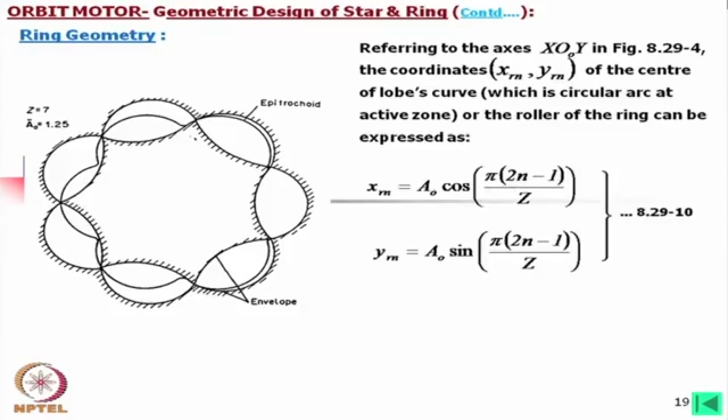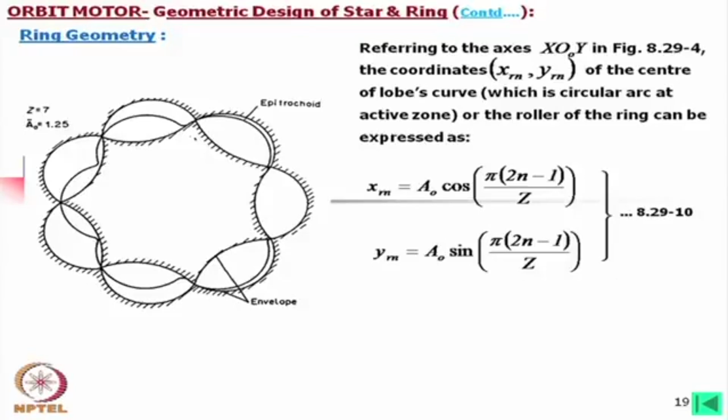Then in actual design we use the earlier formula to find this modified star profile, and we use these coordinates to find the points where we can put the circular arc. Only thing, between these two circular arcs, whatever portion we need to design, in the case of a separate roller we need not even bother about that. We can take a circular arc, and in that case we can make a groove and put the pin.